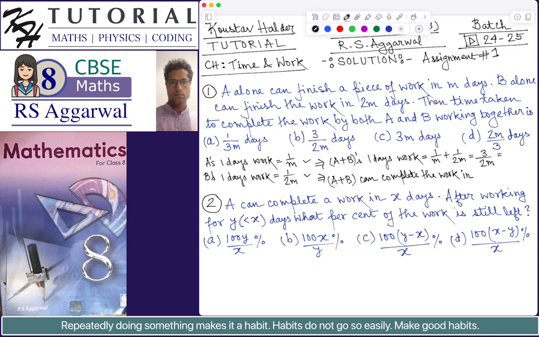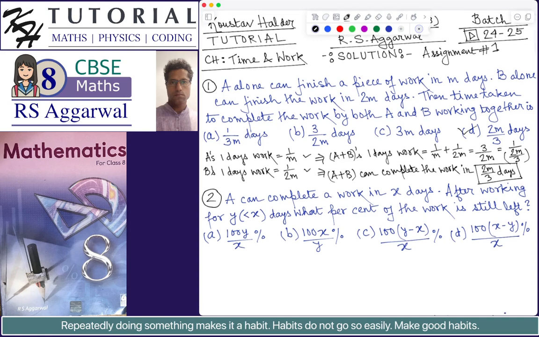Now we can write 3 by twice m in the form of 1 by capital N, that is 1 by twice m by 3. So now we can say that when A plus B are working together, they can complete the work in twice m by 3 days. So the answer is twice m by 3 days, and hence the correct choice is choice D. D is the correct choice.